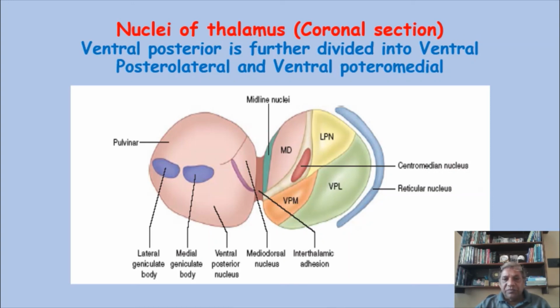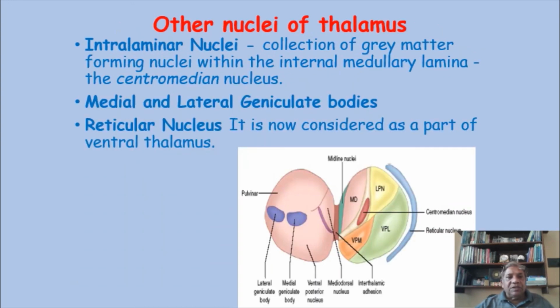Then only you will be able to understand, and then only we can go to the next video, which will show you the connections of these various nuclei. Let us come to the other nuclei of the thalamus. This is again the coronal section: ventromedial and midline nucleus, lateral posterior nucleus, ventroposterolateral and ventroposteromedial.